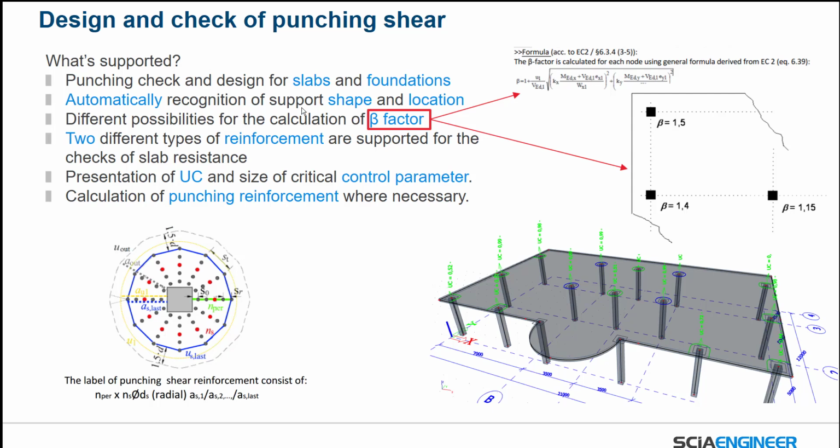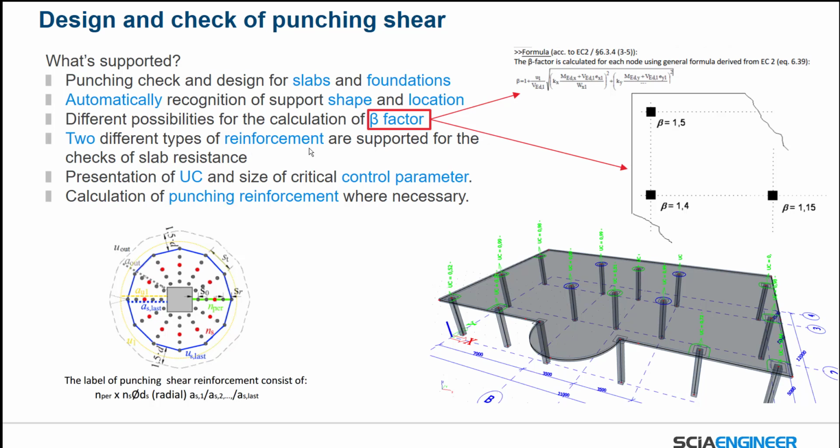it's automatically recognized. Then we have two methods for the calculation of the beta factor. The simplified method depending on the location, and be careful when using that because this method has some limitations from the Eurocode. And we also have formulas for the calculation of beta, which are also from the Eurocode, depending on this article.